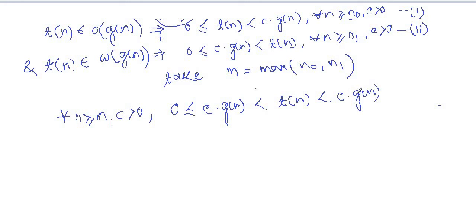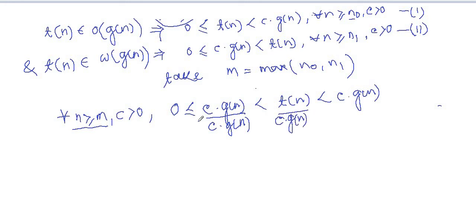I'm taking m as the maximum of n0 and n1 and c greater than 0. Now I'm dividing by c into gn everywhere.